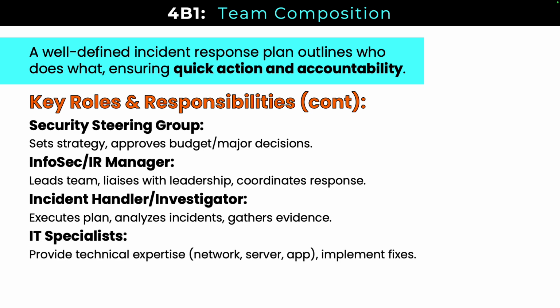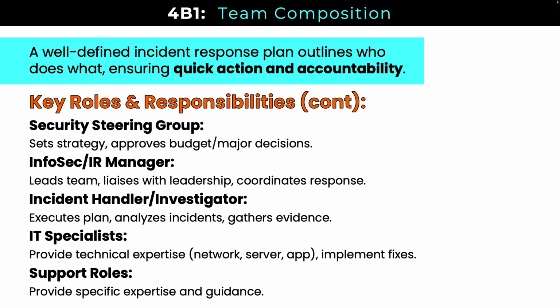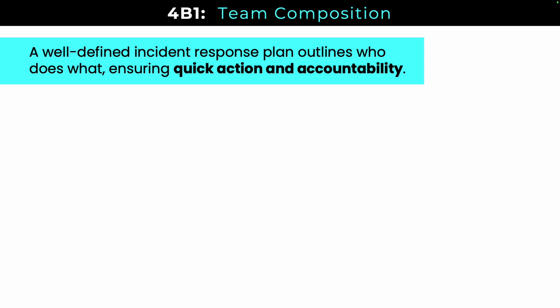We have the IT specialists who provide technical expertise. They may be focused on networks, servers, applications. They're going to help us implement fixes. And then support roles, which provide specific expertise and guidance. This could include folks specializing in risk or physical security, our PR team, the legal team, or any subject matter experts from whatever area is necessary at the time.